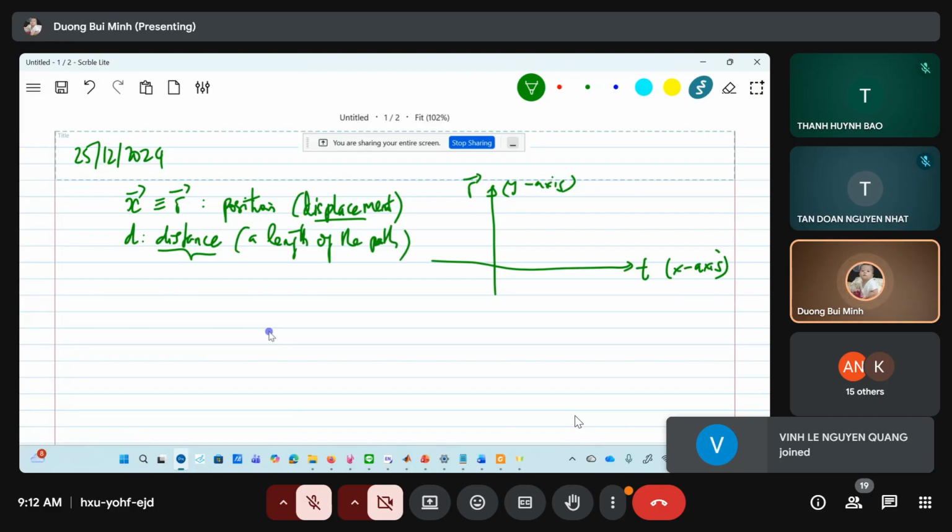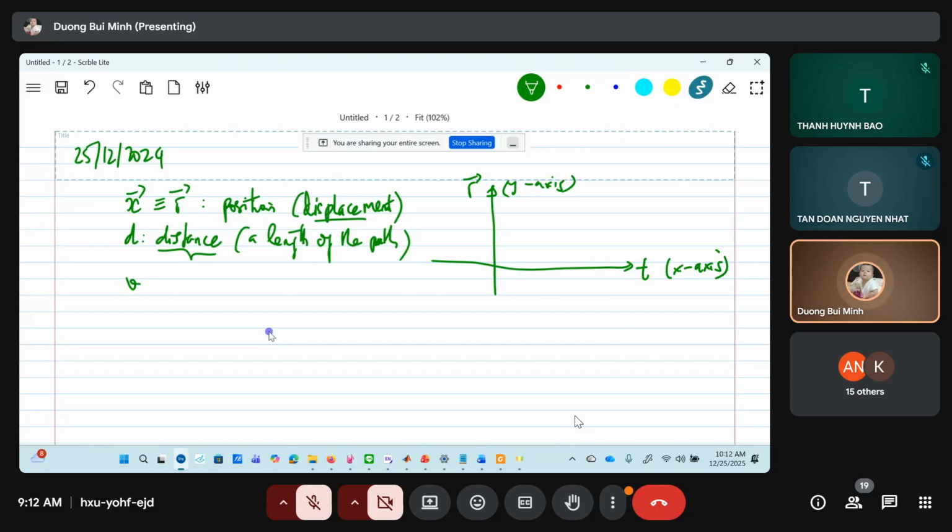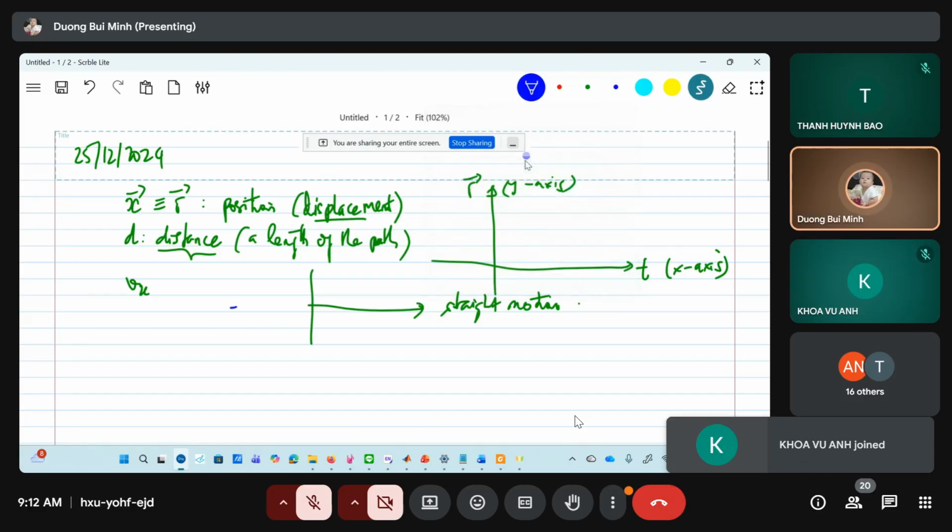We also mention v, velocity, and we just consider one direction, or straight motion.